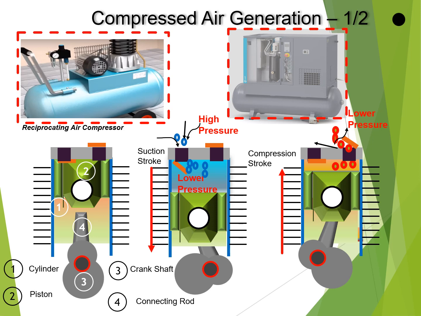For example, in two-stage reciprocating compressor, the first cylinder compresses to an intermediate pressure which is then passed through an intercooler which removes some heat. The air then becomes input to the second cylinder where it is compressed to the final desired pressure.